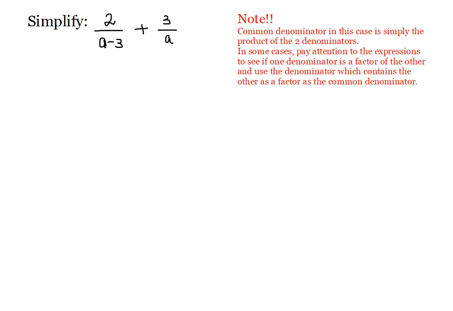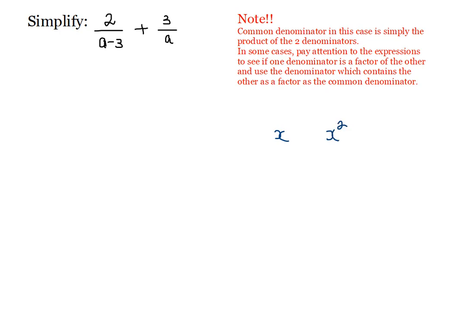Now, there are some scenarios where, if you looked at both of the denominators, one might be a factor of the other, and in such a case you would want to use the denominator that contains both of the denominators, right? So for example, just to illustrate so it wouldn't sound so complicated, let's just say you had a denominator of x and a denominator of x squared.